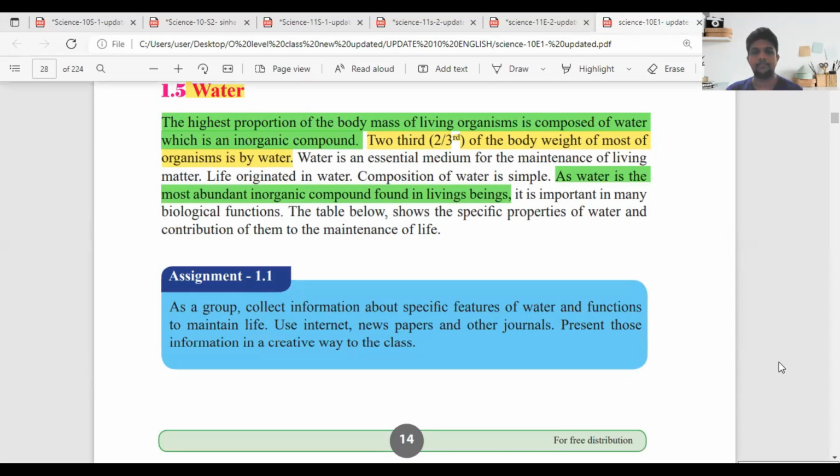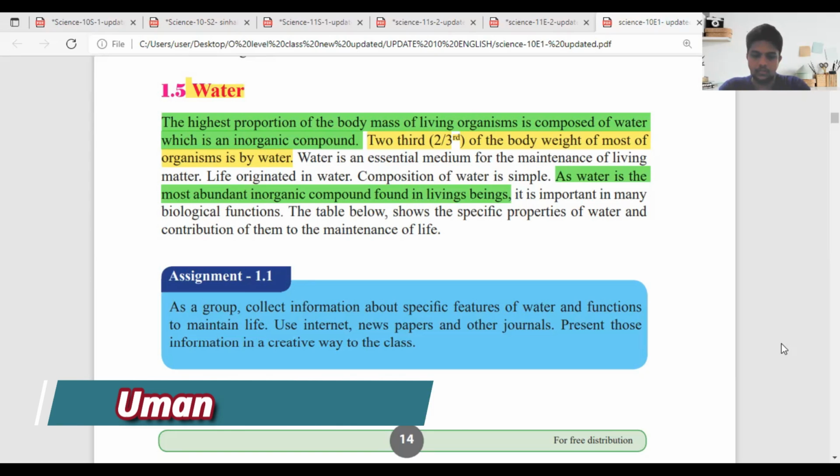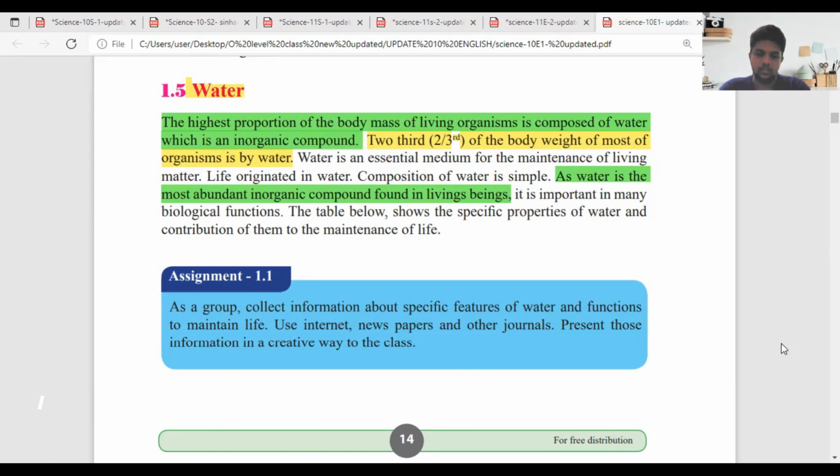The highest proportion of the body mass of living organisms is composed of water, which is an inorganic compound. Two-thirds of the body weight of most organisms is water. Water is an essential medium for the maintenance of living matter. Life originated in water.